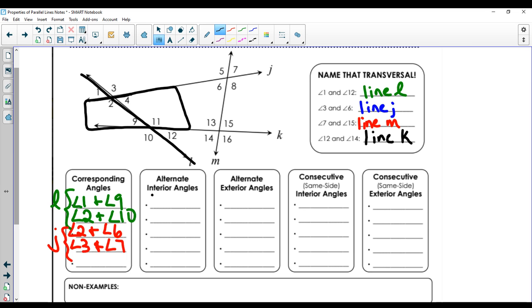So one pair we could say angle 2 and angle 11. Then the other pair is angle 4 and angle 9. Okay? So these are inside the two main lines, and they're on opposite sides of the transversal. Okay?